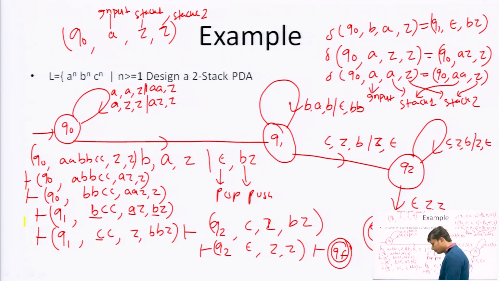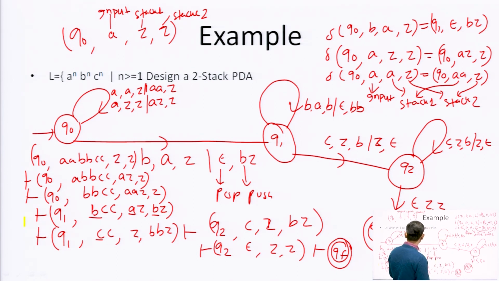So we have a single input, but we have two stacks. As per your requirement we can do push, pop, or no operation. In Q0 we push all the A's into stack 1, and make the second stack a no operation.